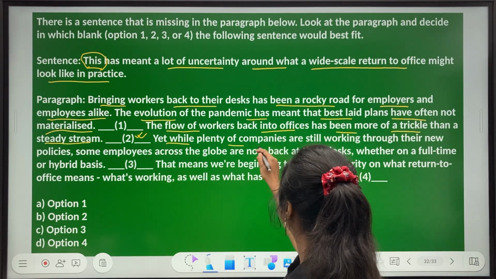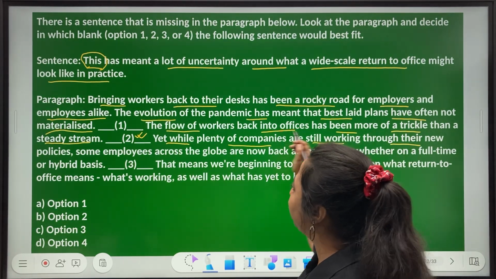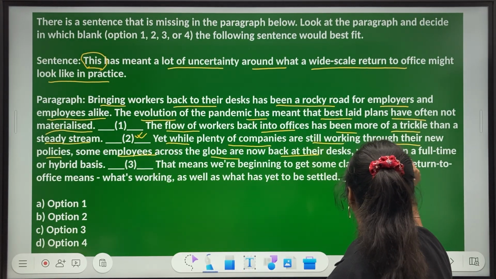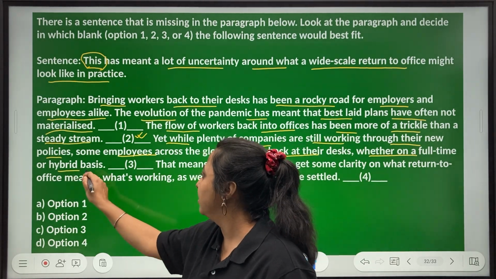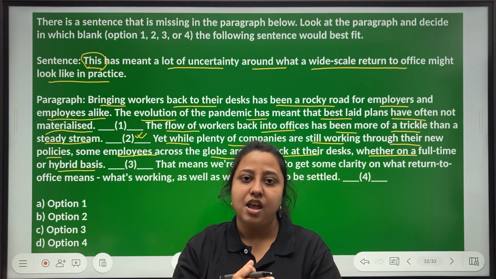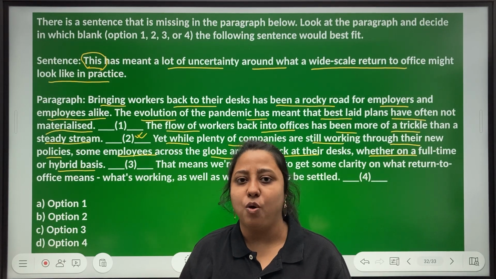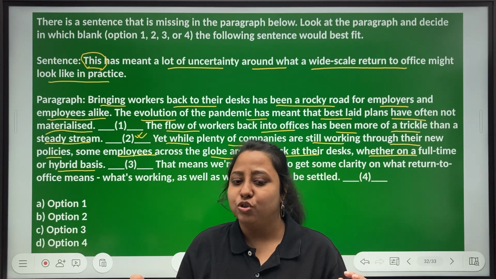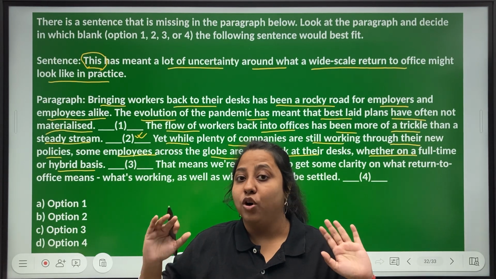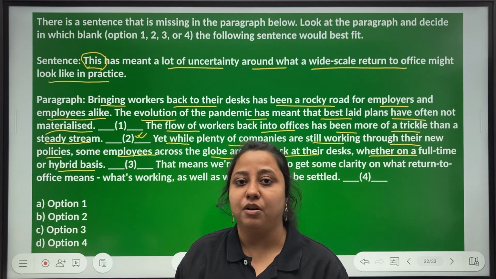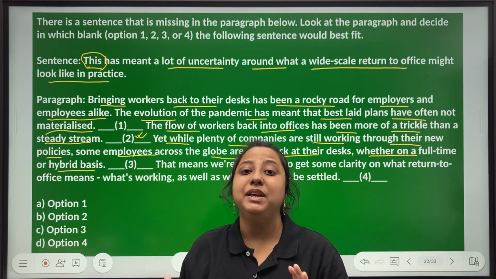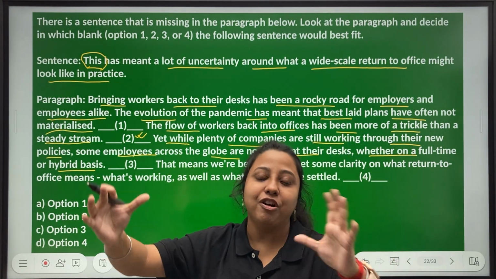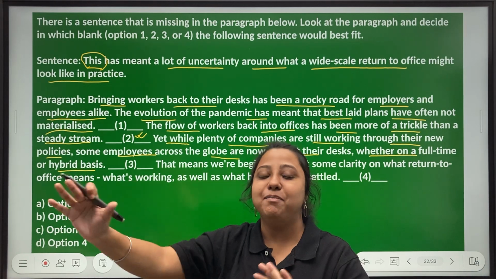Yet, while plenty of companies are still working through their new policies, some employees across the globe are now back at their desks, whether on a full time or hybrid basis. So, this describes the scenario after that. We started calling people back to office. We assumed it would be a steady flow, but then it looks more like a trickle. So, that tells us that on a huge scale, when we start calling people back to office, it might be even more uncertain, right? And then we are describing that while all this discussion is going on in the background, a lot of people are already back at their desks.